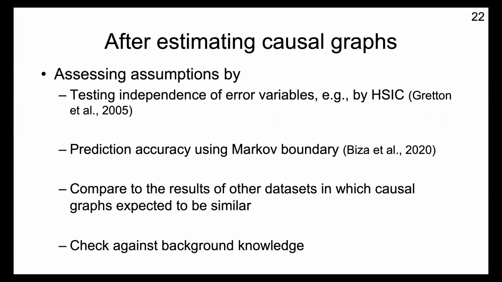So we predict each variable with the variables in its Markov boundary and check the prediction accuracy over the variables. If the prediction accuracy is poor, it will imply that the Markov boundary is not estimated well, and then the causal graph will not be estimated well.